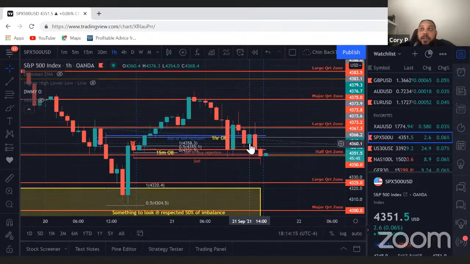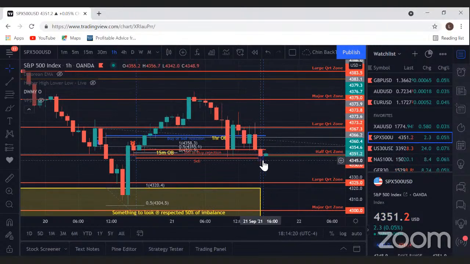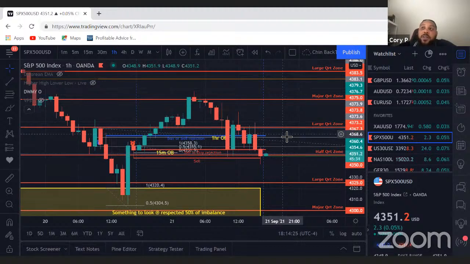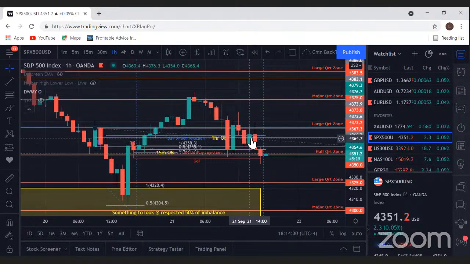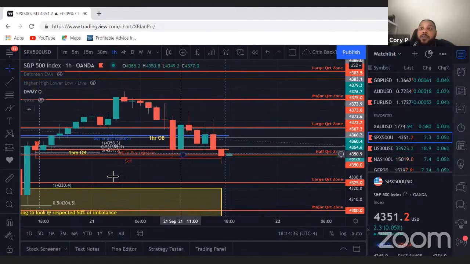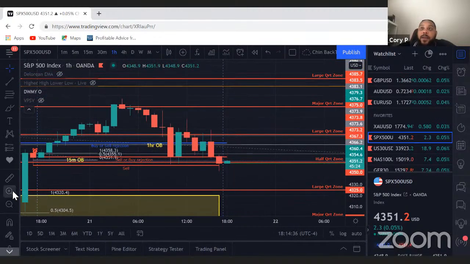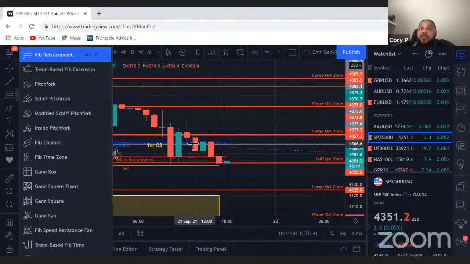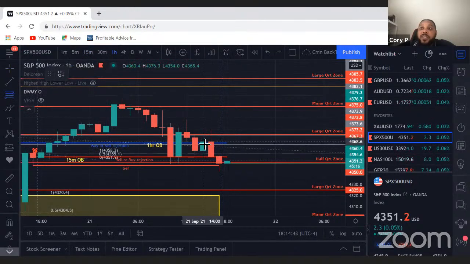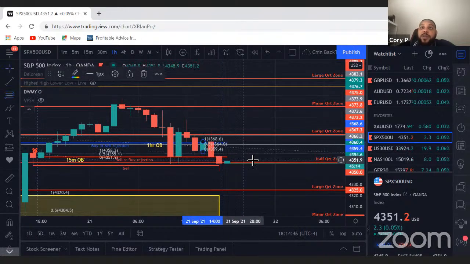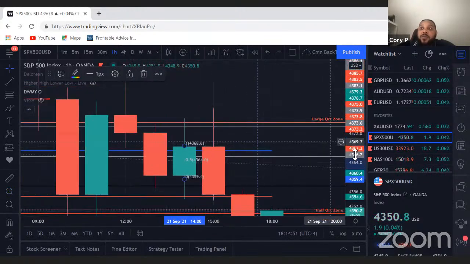Right here, right? Did we make a new low? Yes. So at this point, you need to focus on that candle right there. That candle is your newest order block, because it's the candle that has given you the most recent low.